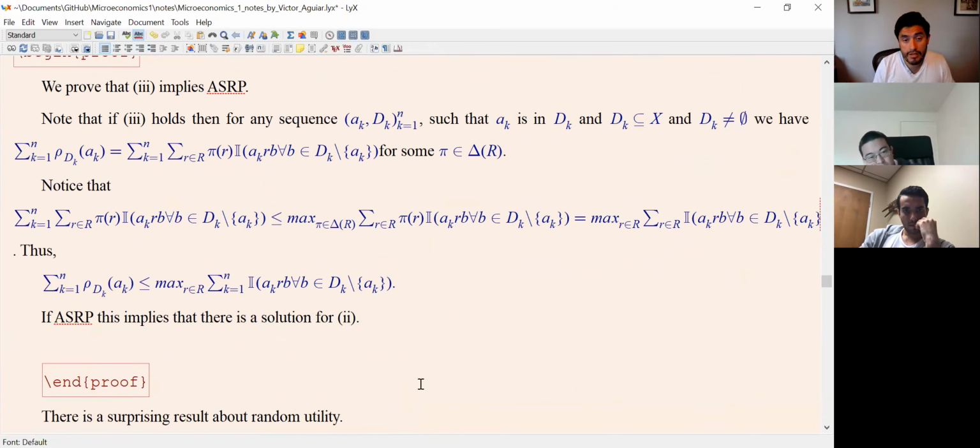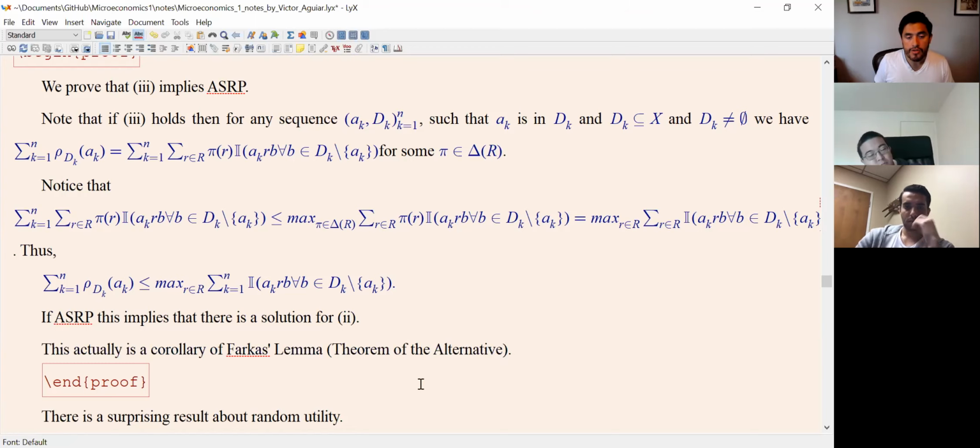Okay, so this actually is a corollary of something called Farkas lemma, or the theory of the alternative, theorem of the alternative.